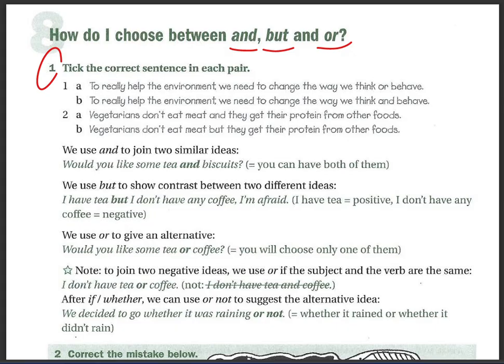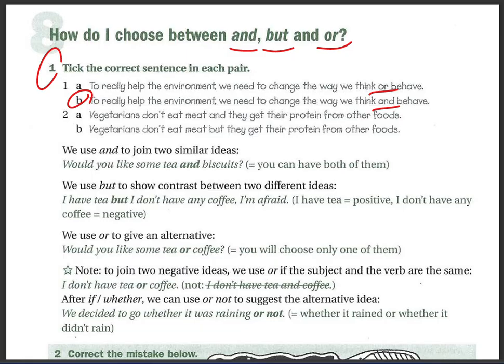To really help the environment, we need to change the way we think or behave. B. We think and behave. So, what do you think? Very good, it's B. Think and behave.